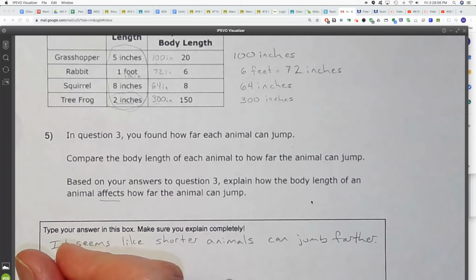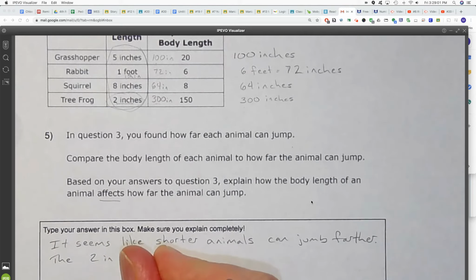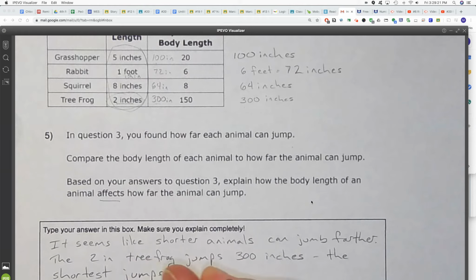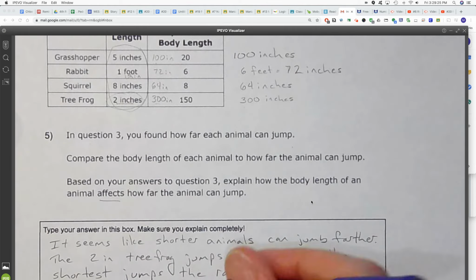So maybe I say the 2-inch tree frog jumps 300 inches. The shortest jumped the farthest.